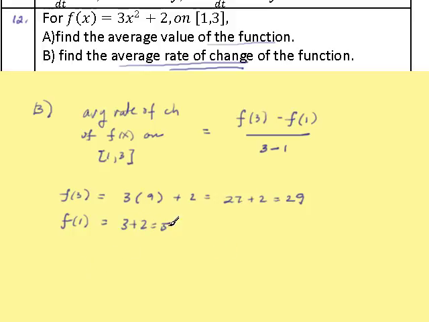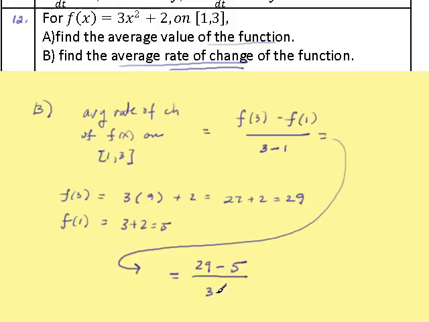Okay, so back to this expression. That's f(3), 29, minus 5 over 3 minus 1. That's 24 divided by 2, or 12 for the average rate of change.